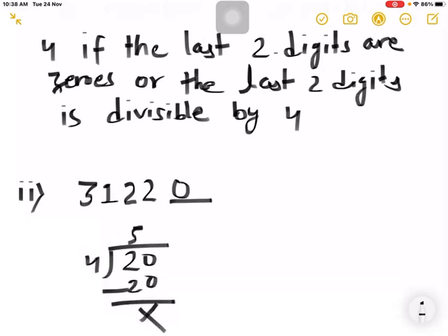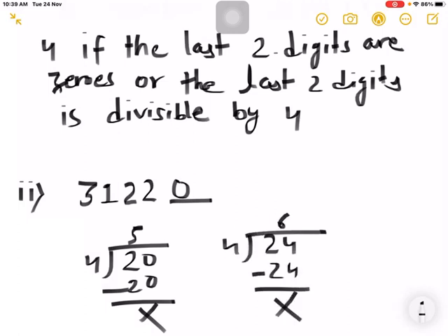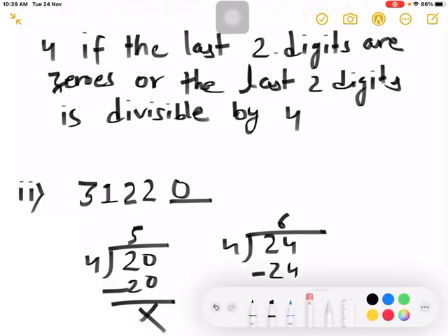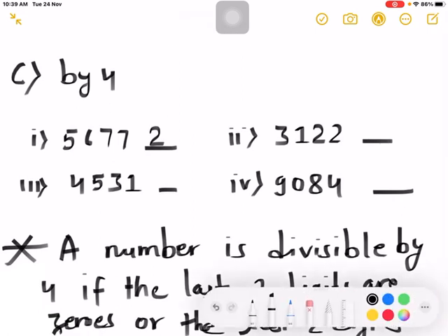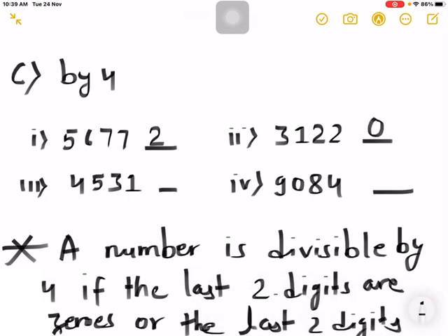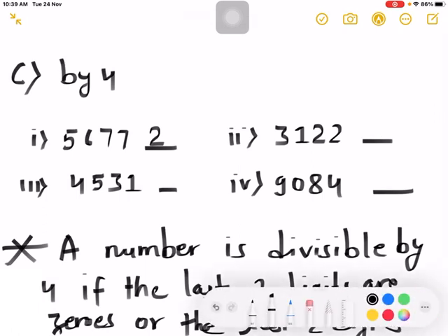If you write 4, 24, then 4 6s are 24. See, that means if you write 0 or 4, it's all right. That is your choice. Now let's write any of 0 or 4, that will be the answer, okay. If you write 0 also, it's okay. If you write 4 also, it will be okay.